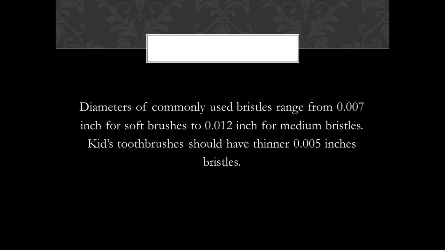Soft and medium are the most commonly used for pedo. If anyone asks about the diameter, it ranges from 0.007 inch for a soft brush to 0.012 inch for a medium bristle. And kids' toothbrushes should have even thinner bristles.